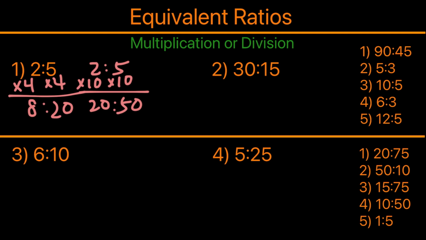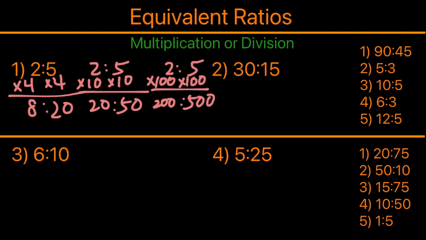Now you can even go as high as you want, say 2 over 5 and multiply by 100. That will become 200 to 500. So as you can see, there are unlimited possibilities when it comes to equivalent ratios.